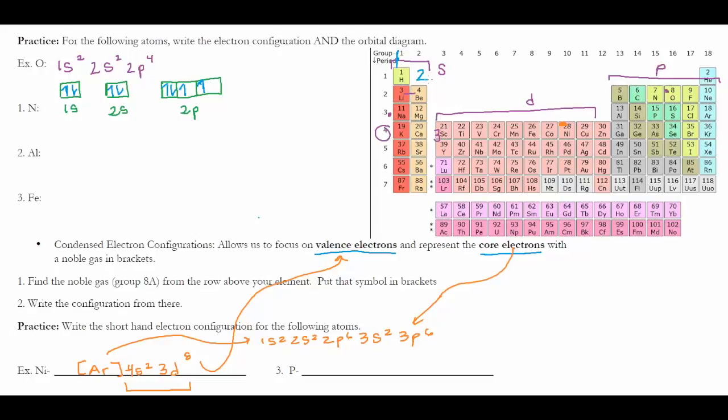This group has 2. This group has 3, 4, 5, 6, 7, and 8 valence electrons. So this actually should ring some bells, because when we're talking about charges, this group has a +1, +2, +3, and then you get to -3, -2, -1, 0. So using valence electrons, that's actually how we determine the charge without actually talking about it.